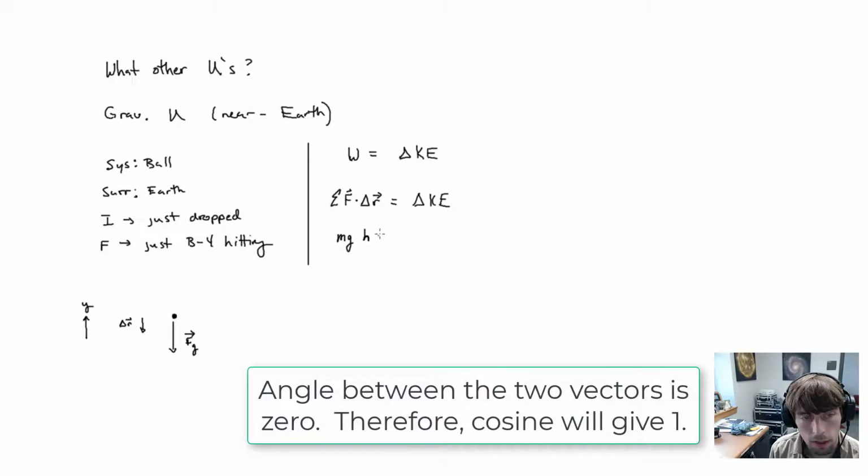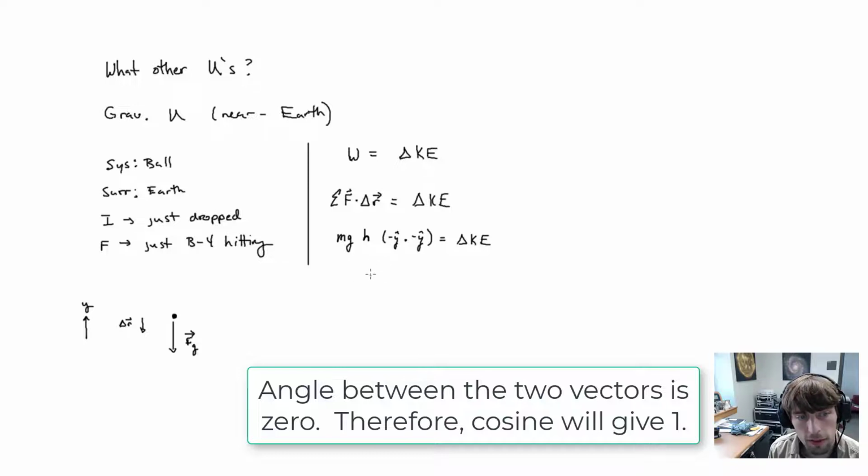Okay. And we have negative y hat dotted into negative y hat, and this will equal KE. Now, y hat dot y hat is just 1.